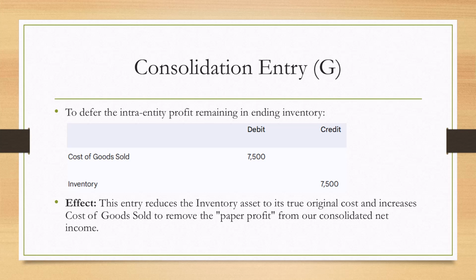The credit reduces the inventory asset on the consolidated balance sheet back down to its true original cost. The debit increases cost of goods sold, which correctly removes that $7,500 of paper profit from our consolidated net income for the year. Case closed until next year, when we'll have to solve the mystery of how to recognize this profit.